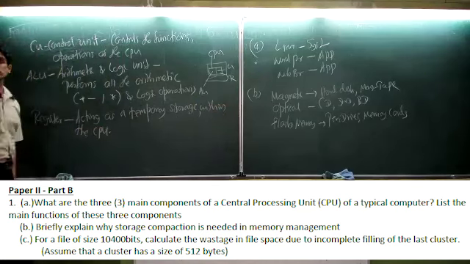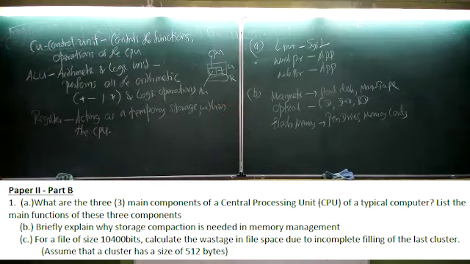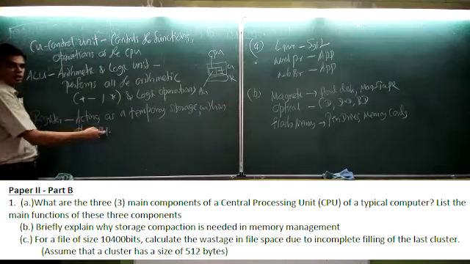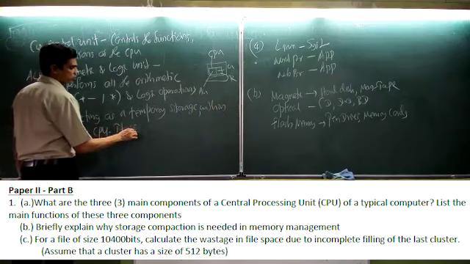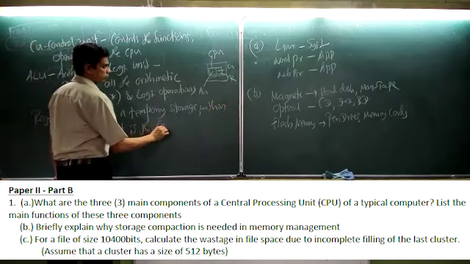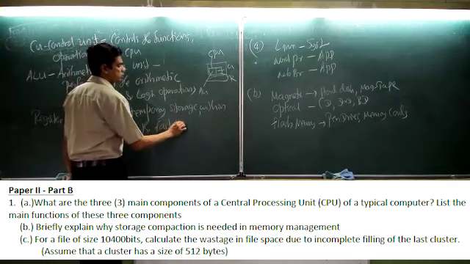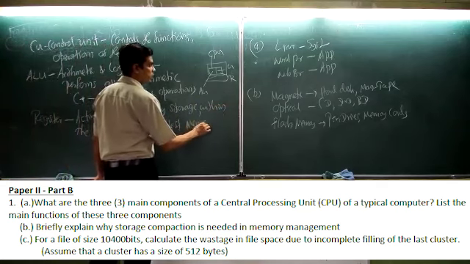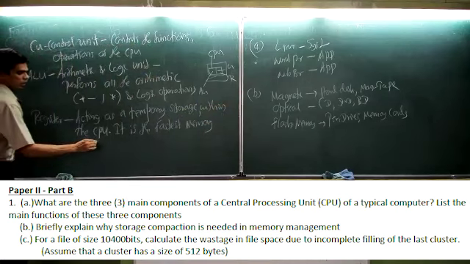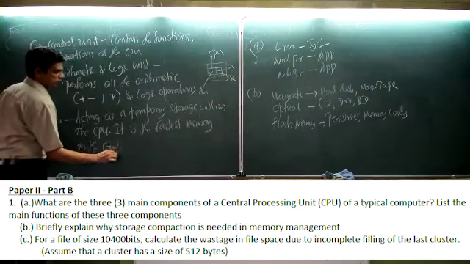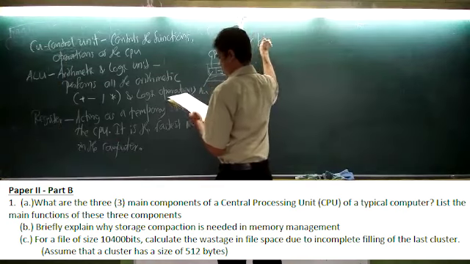And we know that the register is going to be the fastest memory. So that's an additional part. No need to write that in the paper, but I just tell you that it is the fastest memory in the computer.